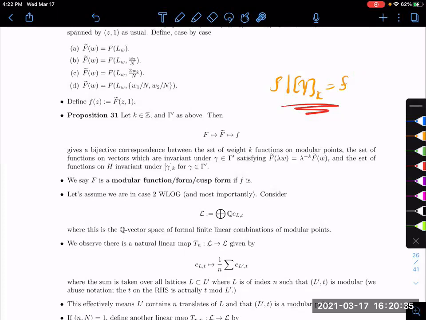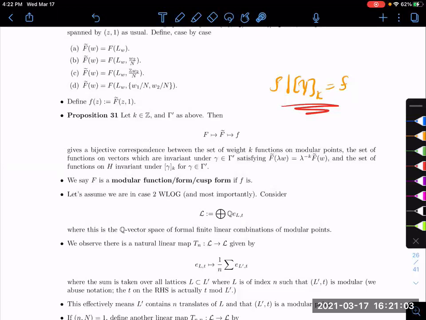And so what you can do then is very naturally define a function on modular points to be a modular function or modular form or cusp form if little f is. Because the only thing stopping little f from being a modular form is the meromorphicity at the cusps condition. We already have the automorphy condition for free.